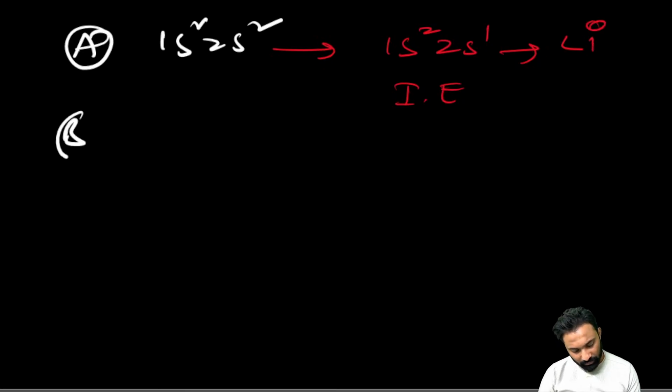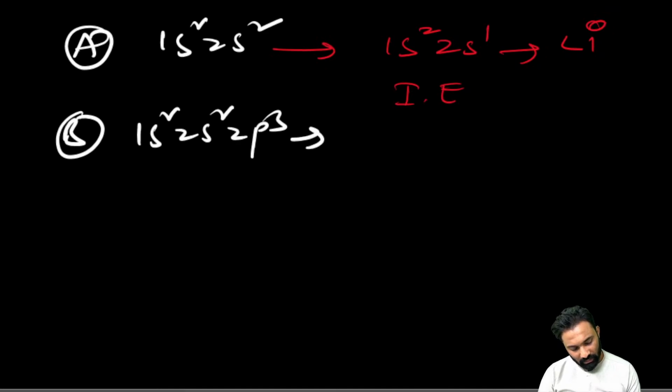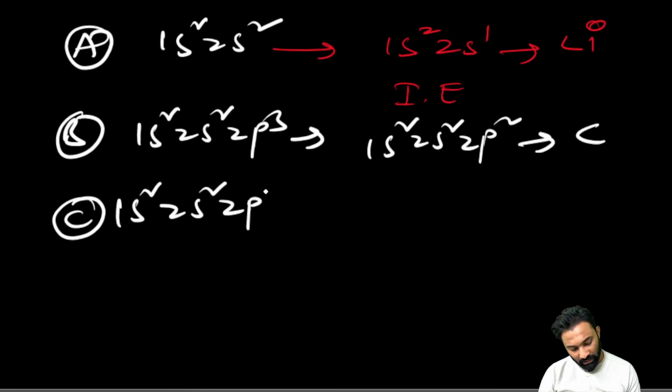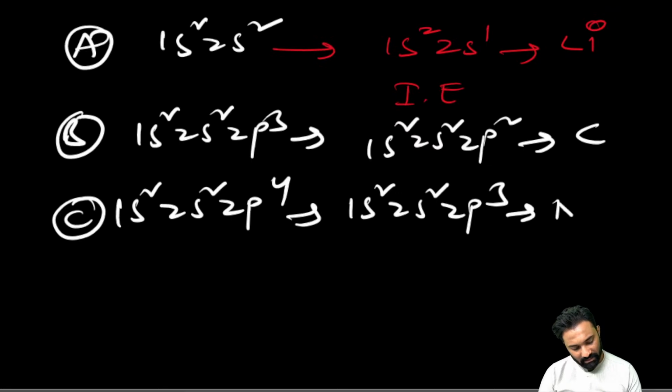Then B, 1s2, 2s2, 2p3. After removing one electron, 1s2, 2s2, 2p2, the carbon configuration. Now C, 1s2, 2s2, 2p4. After removing one electron, 1s2, 2s2, 2p3, the nitrogen configuration.